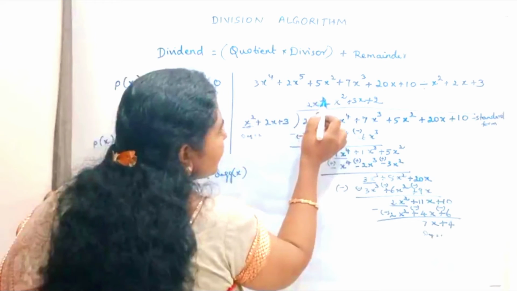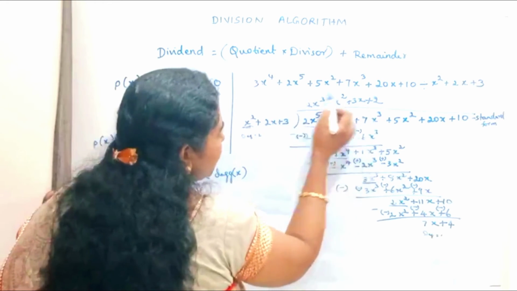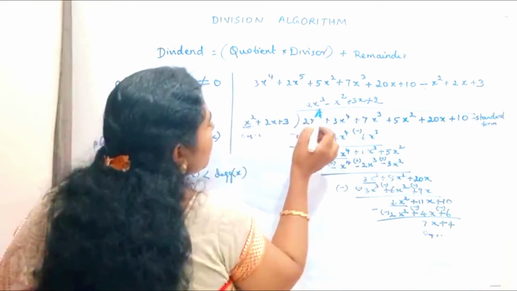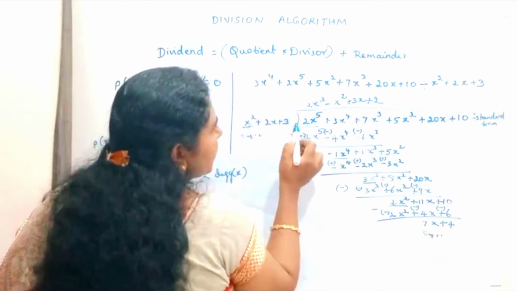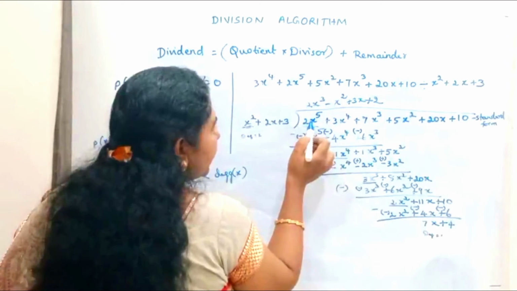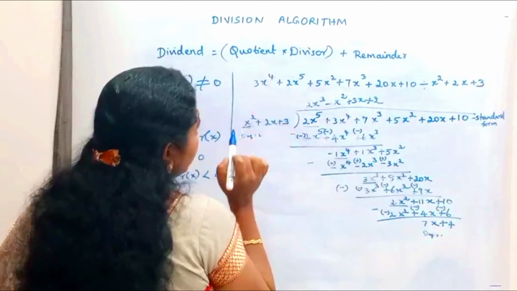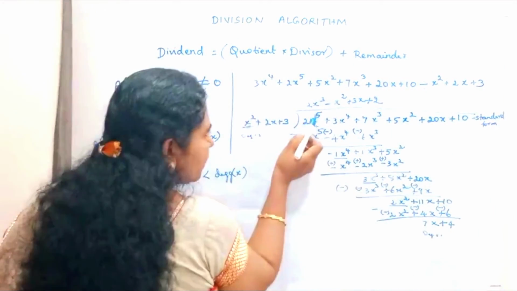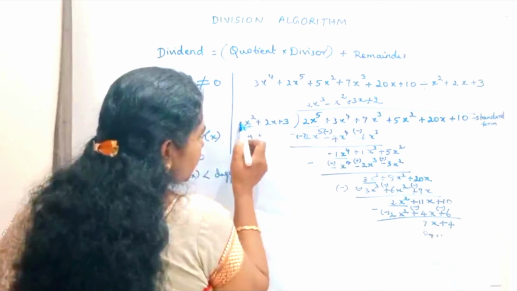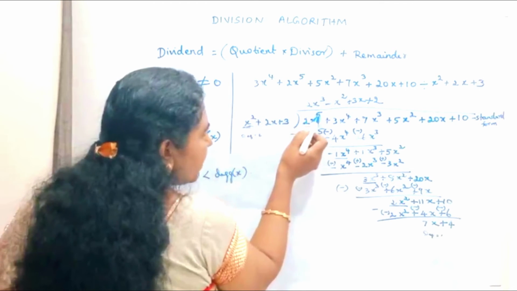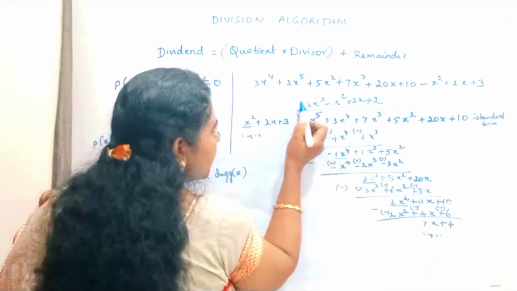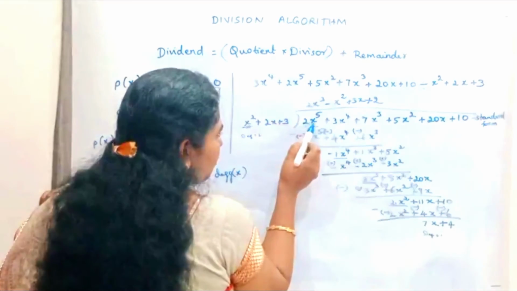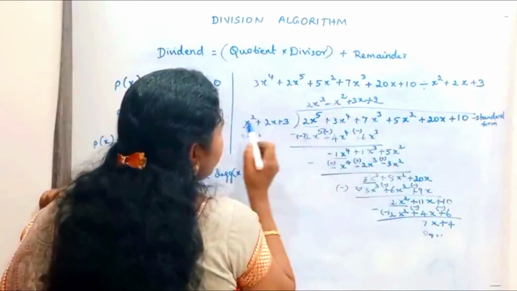So that power will be the degree of the quotient, definitely. So the degree of the quotient will be equal to the degree of the dividend minus the degree of the divisor, because we are going to divide this first term by the first term here. So when we are dividing, we are going to subtract the powers.